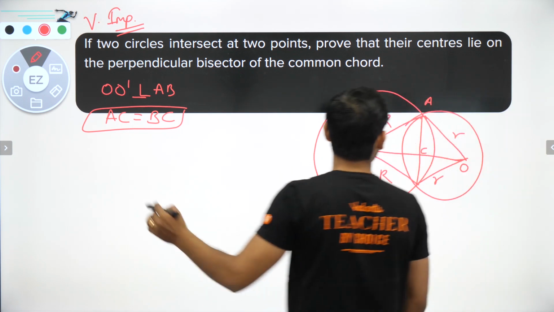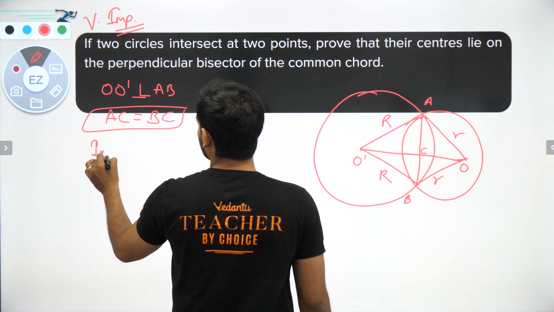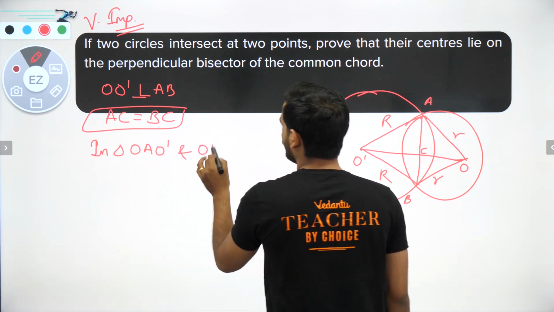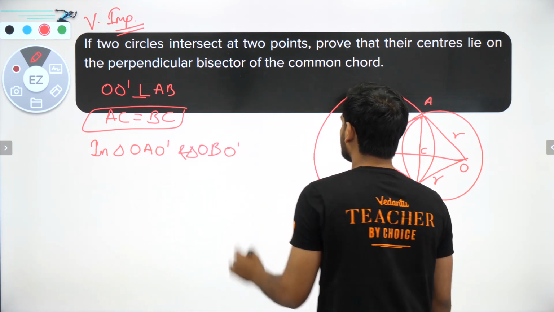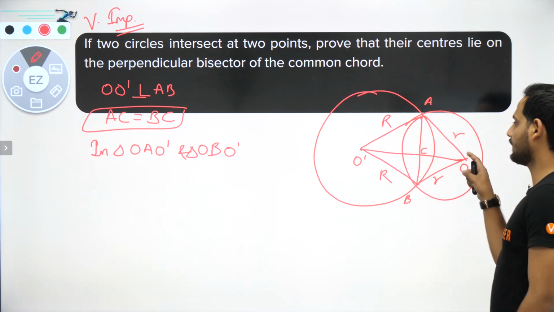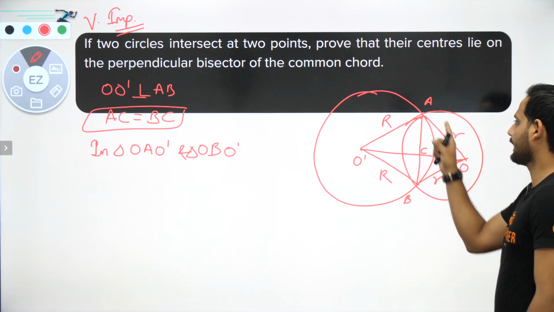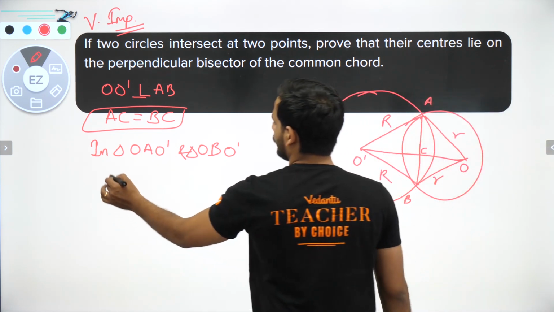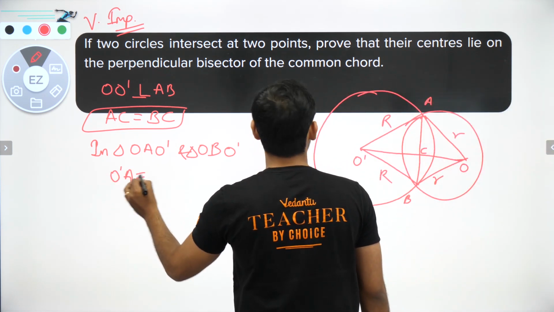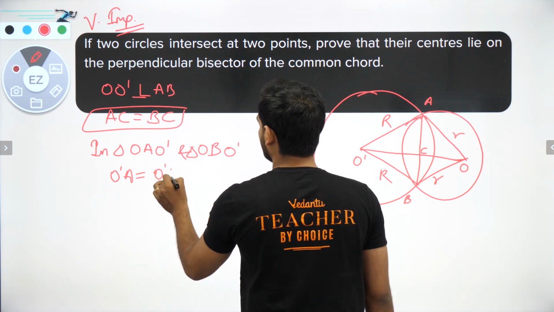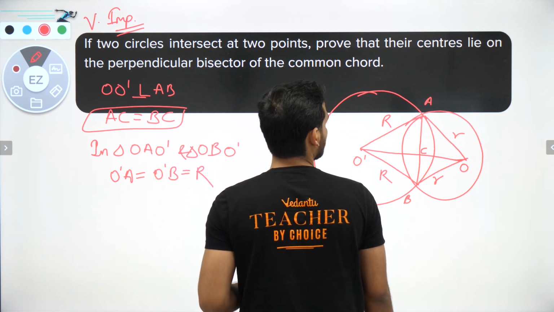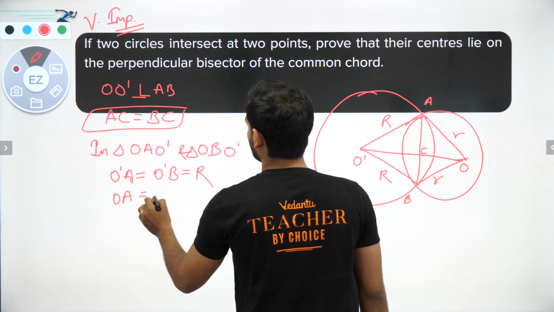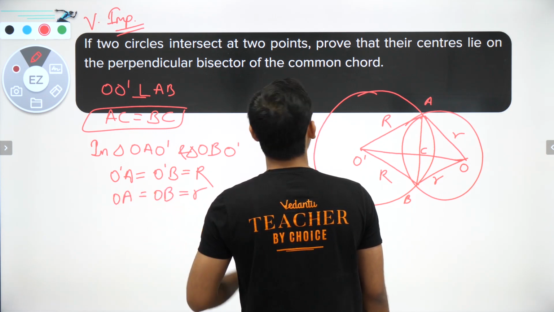First, let us talk about triangles. In triangle OAO dash and OBO dash. Which two triangles am I talking about? These larger ones. OAO dash, OBO dash. First thing you know, O dash A is equal to O dash B, capital R. Second thing you know, OA is equal to OB is equal to small r.